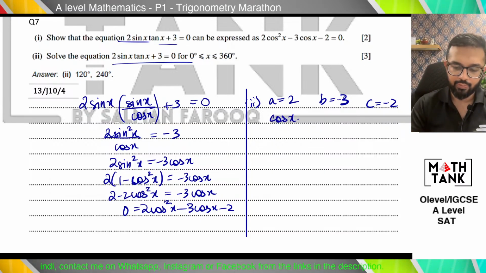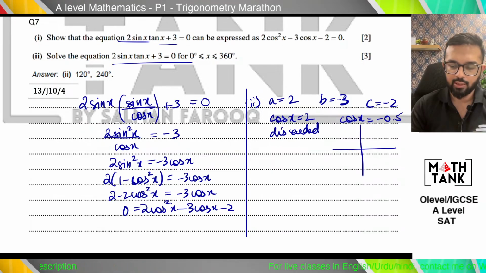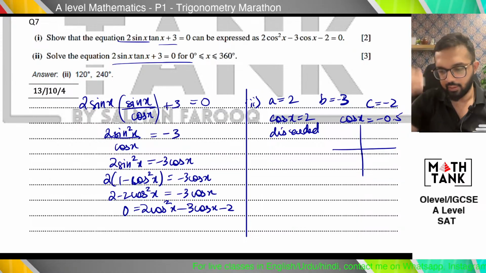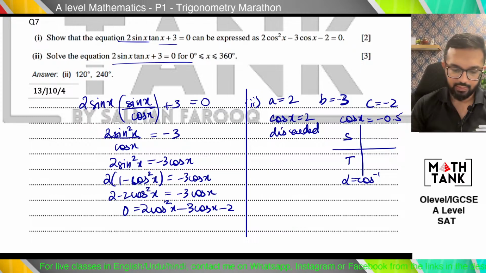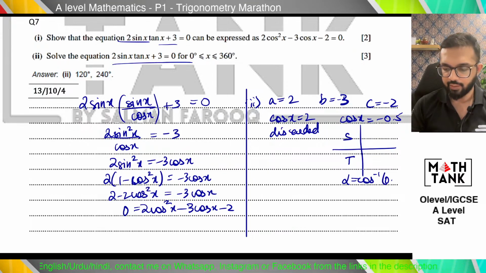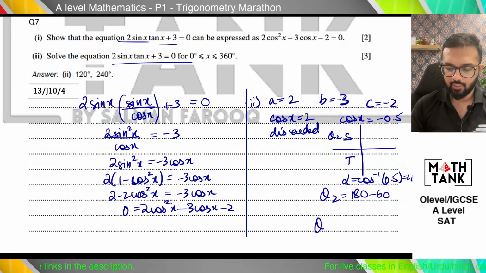So cos x equals 2 and cos x equals minus 0.5. Obviously 2 has to be discarded because cos has to be between 1 and minus 1. It won't work on the calculator either. So minus 0.5 can either be in S or in T. Cos inverse of 0.5 is 60 degrees. So quadrant 2 is 180 minus 60 and quadrant 3 is 180 plus 60. So the answer can either be 120 or 240.